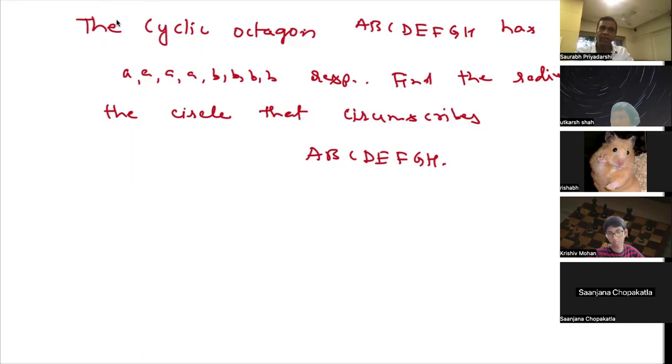Obviously, start with the diagram, then a bit, then you'll get the answer. Let's start with the diagram, right? Just start. I'm not giving any hint, right? Then we'll discuss.